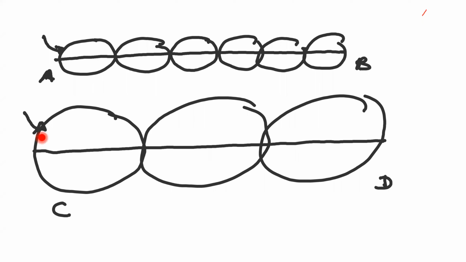They come to here, they jump to here, they jump to here and come out. What happened to the time period A to B and C to D?